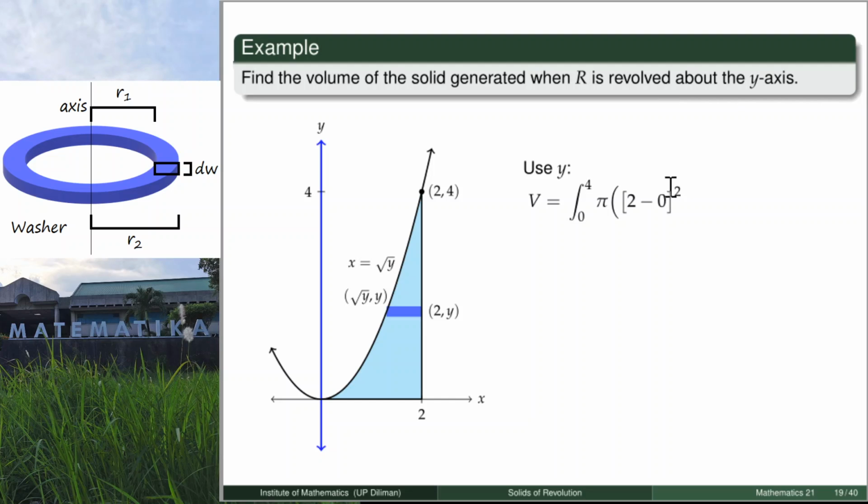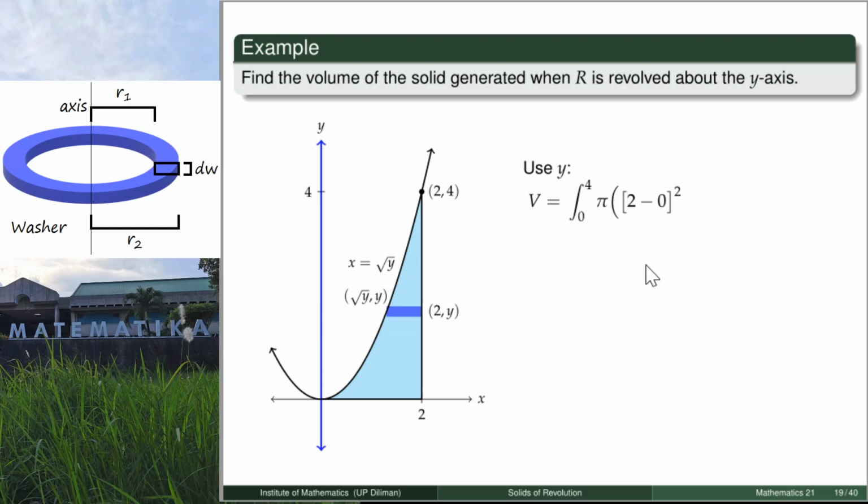So outer radius is 2 minus 0. So you square that. So this is R2 squared. Then minus, what is R1? It's from the axis going to the nearer end of the rectangle. So x right, what's the x coordinate of this point? This is x equals square root of y. And then minus, x coordinate here is x equals 0.